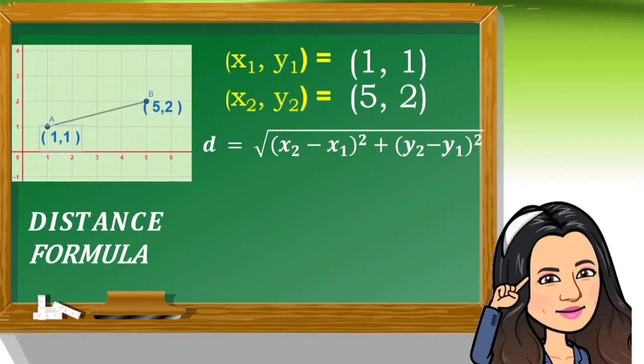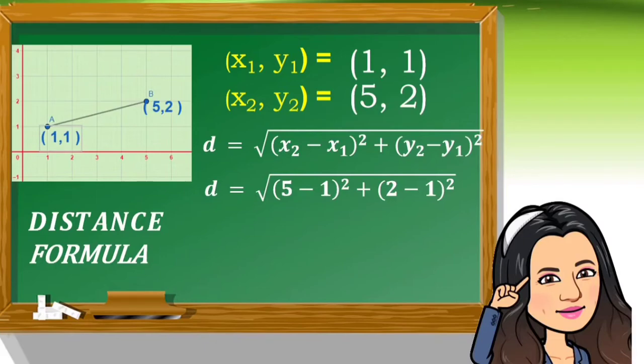Now, in this equation, the value of x sub 2 is 5, x sub 1 is 1, y sub 2 is 2, y sub 1 is 1. Substituting these values to the given equation will give us d is equal to the square root of the square of the quantity 5 minus 1 plus the square of the quantity 2 minus 1.